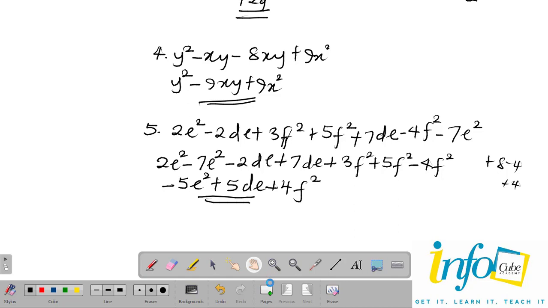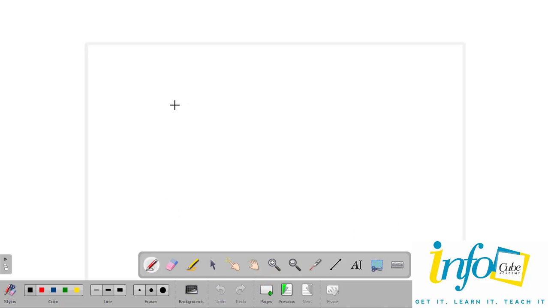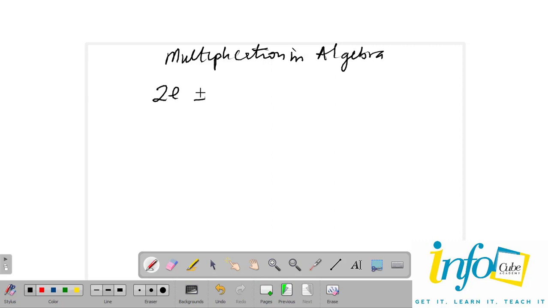Now let's quickly introduce multiplication in algebra. In this multiplication in algebra, I will do the first introduction in this episode 3. Then in episode 4, we go deeper in it. Now the first thing we have to understand is, when we have an algebraic term 2e, this 2e is actually joined through multiplication.